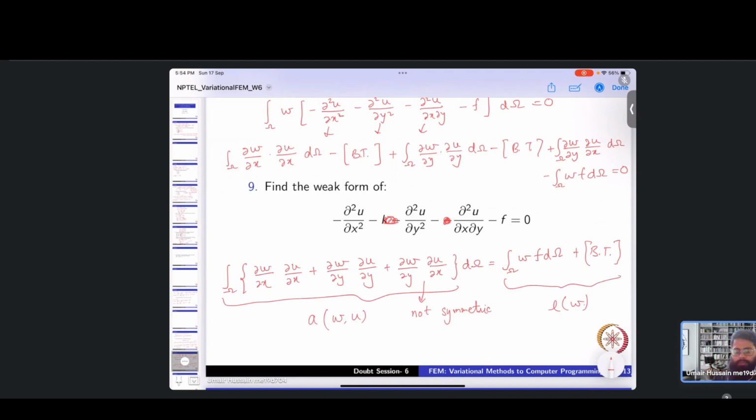If we interchange w and u, we'll have dou u by dou y and dou w by dou x, and that's not the same. So the stiffness matrix for this term would be a non-symmetric matrix.